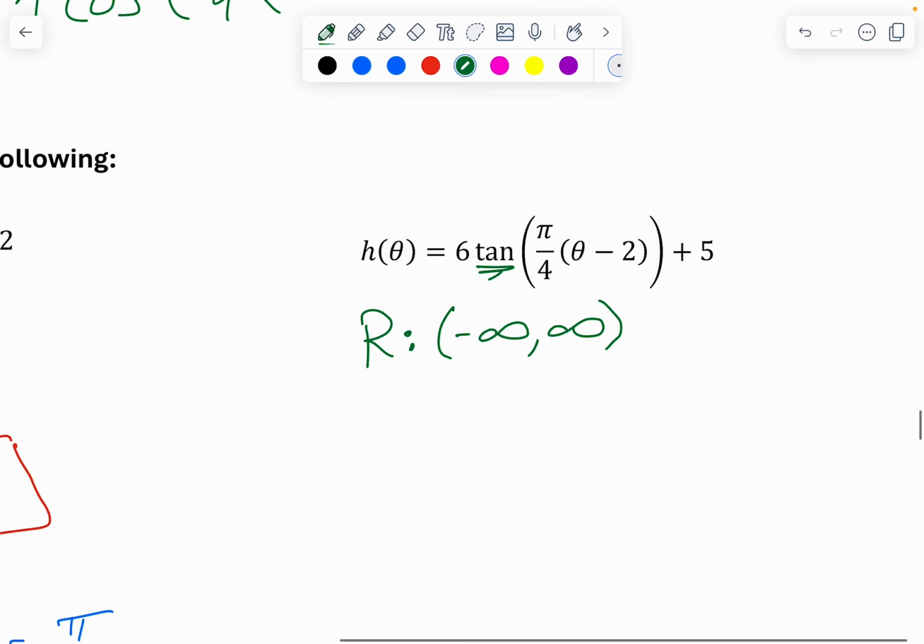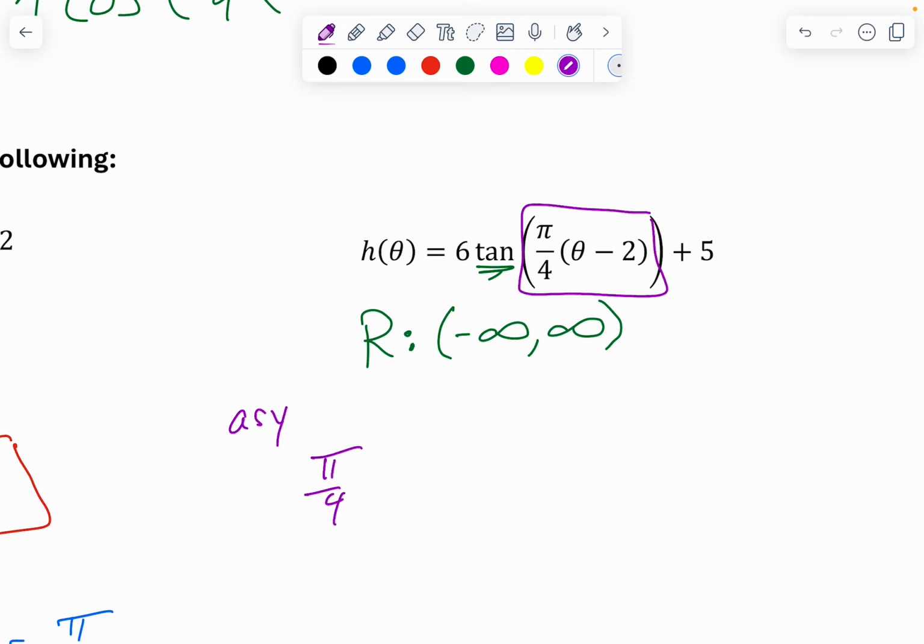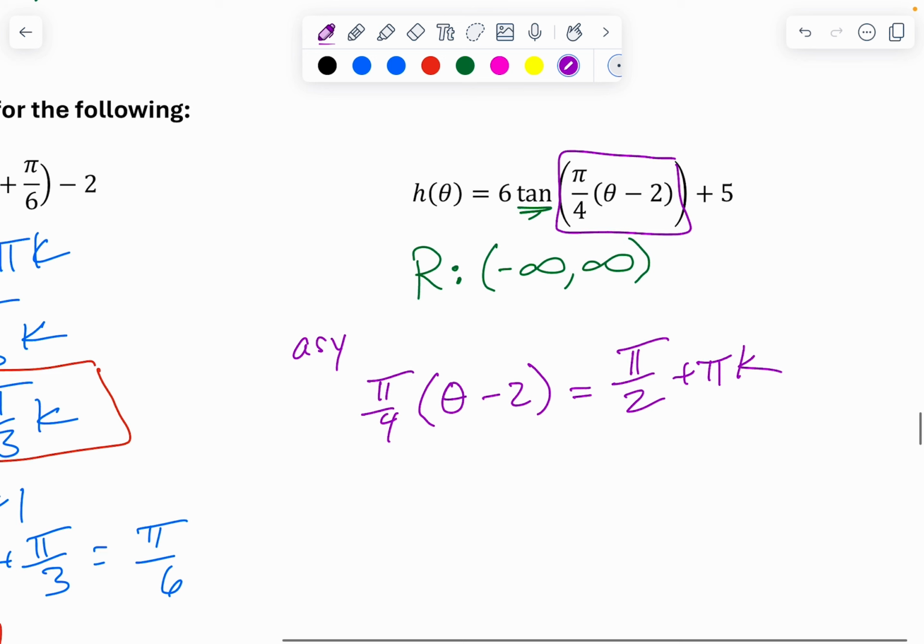Okay, and so now what affects your domain, let's pick another color. How about purple? This will all affect the domain. So I'm going to say, to find my asymptotes, pi over 4 times theta minus 2 has to be equal to, okay, let's think about this. Where does tangent have asymptotes? And hopefully you'll be this quick, pi over 2 plus pi k with a little practice. And now what do I need to do?